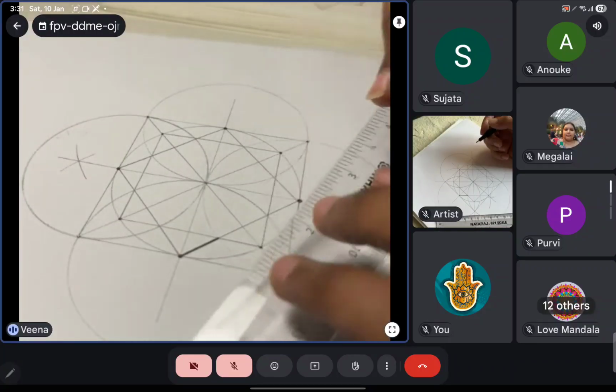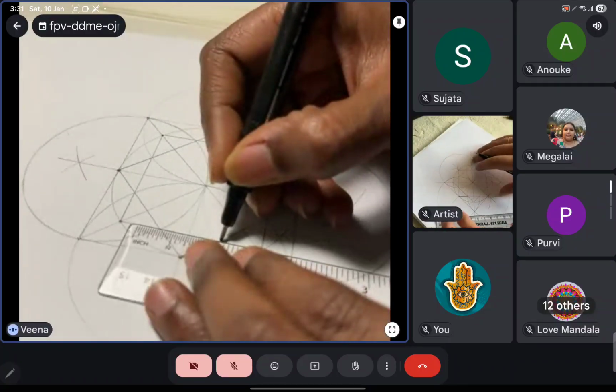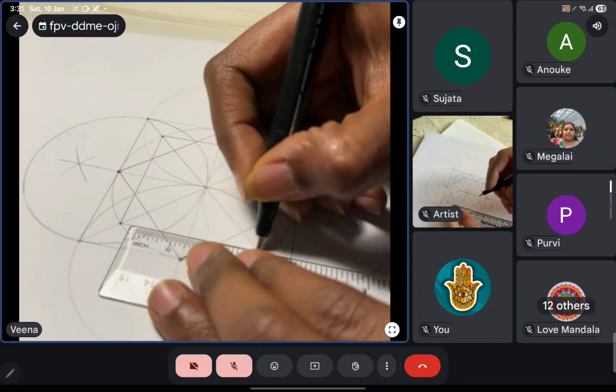Okay. And then we draw along the border for our design.